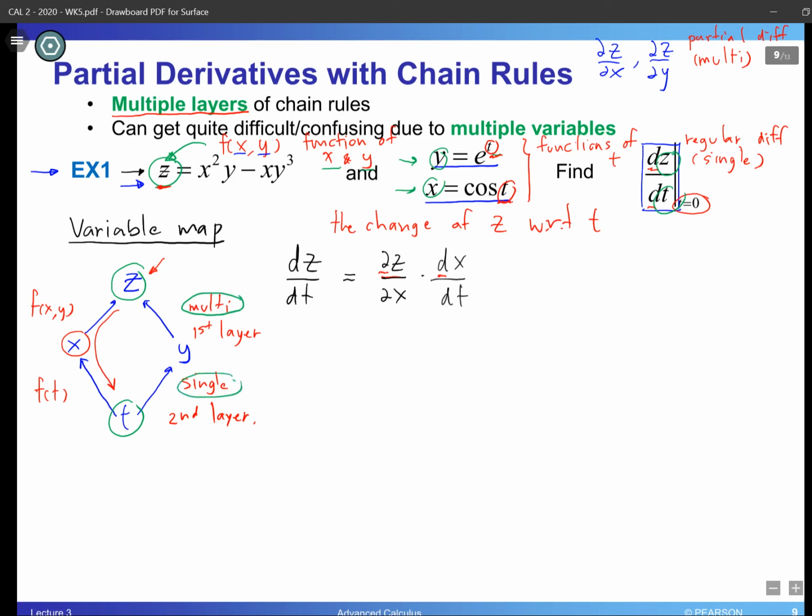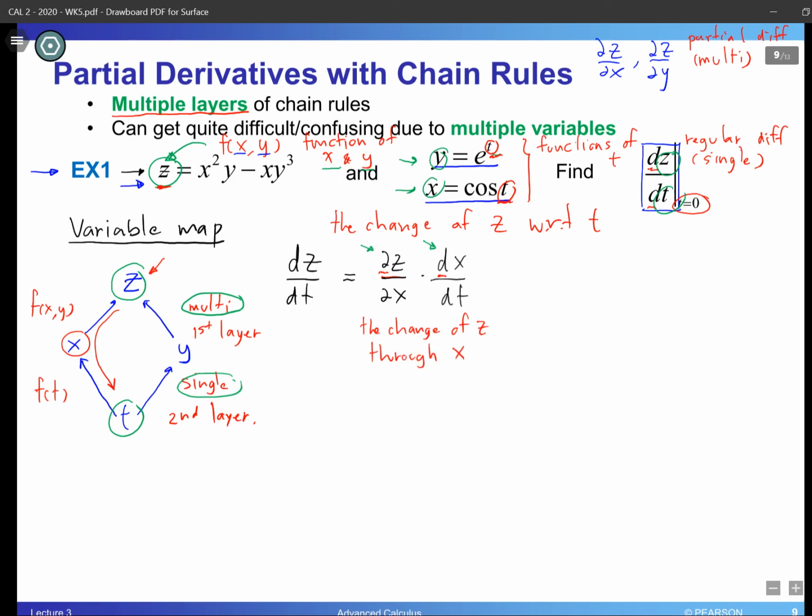So don't be surprised that sometimes you see this partial diff and regular diff in the same expression. This depends on the kind of function you are working on, whether it's multi or single. So what you are looking at here is the change of z through x variable.